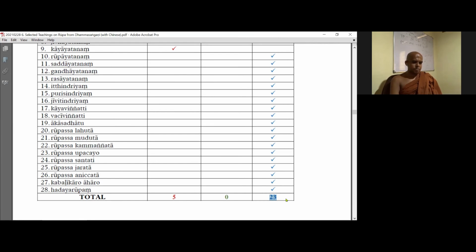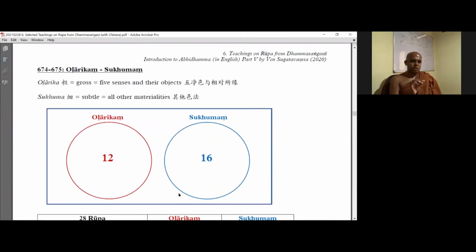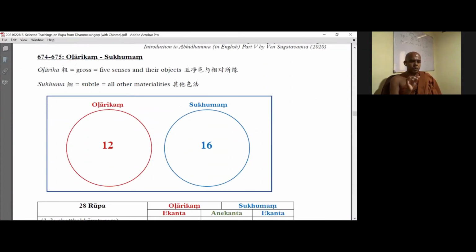After that, according to the Dhammasangani, they classify the 28 rupa in two ways, Olarika and Sukhuma. Olarika is gross, Sukhuma means subtle. How many Olarika rupa, how many Sukhuma rupa? The five senses and their objects are called gross rupa.